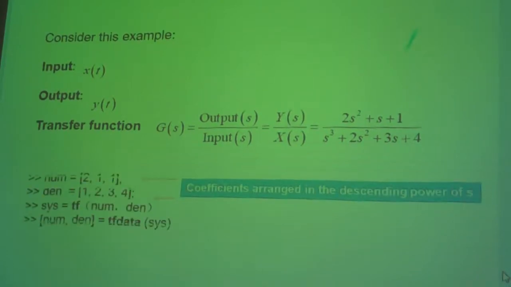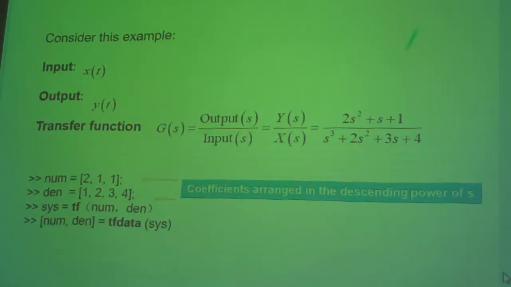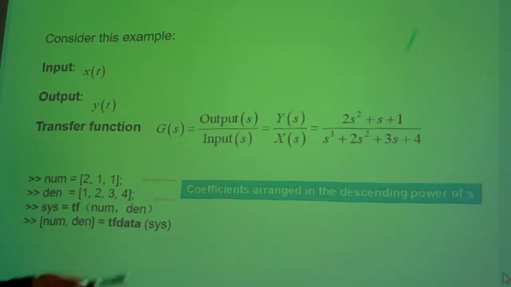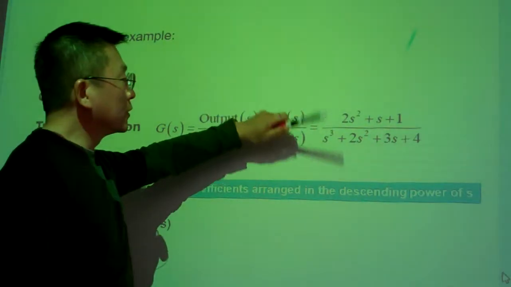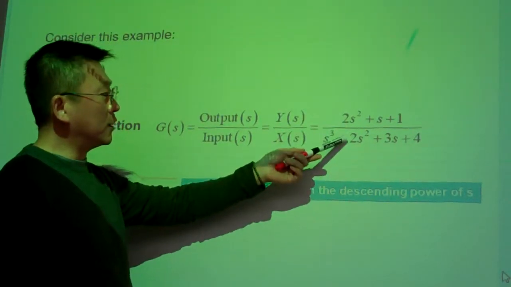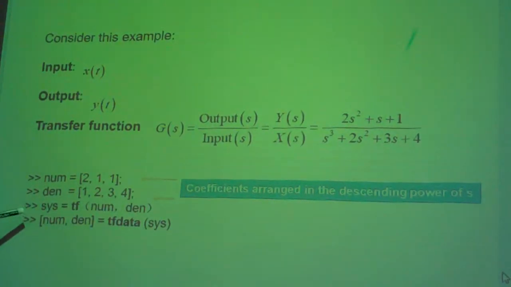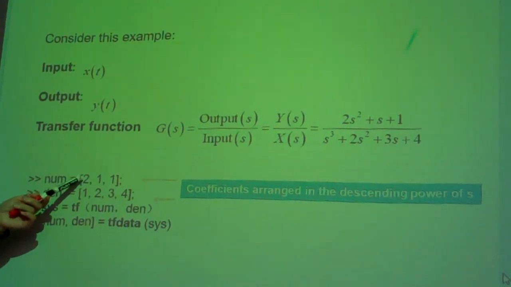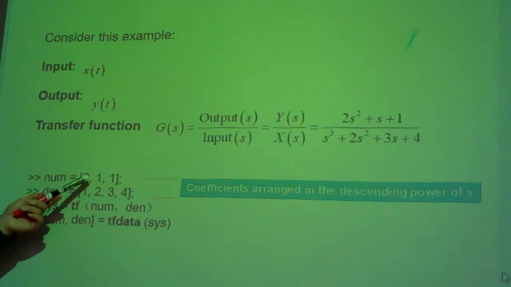In MATLAB, we can build the representation of the transfer functions as follows. For example, if we have a transfer function with a numerator polynomial and denominator polynomial, you can simply describe the numerator polynomial in descending order of degrees.